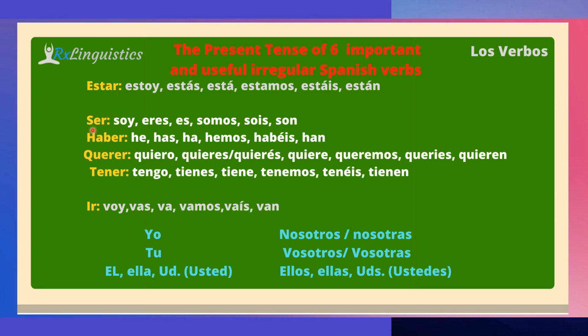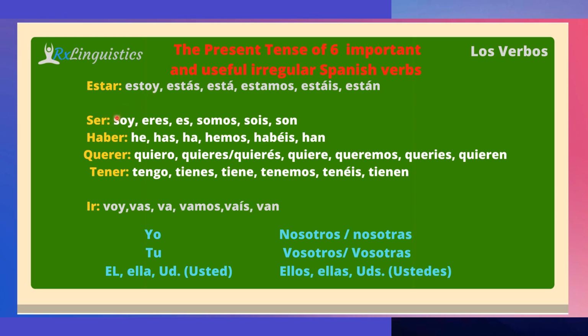And this denotes a permanent condition, and this denotes a temporary condition, but they both are to be. And when you are forming present progressive, you use the verb estar because it's temporary. Okay, when something is permanent, you use ser.